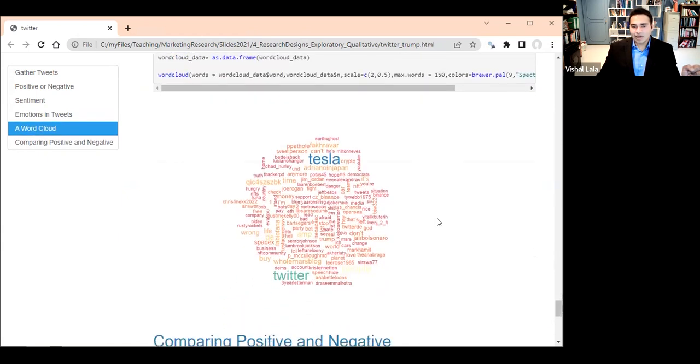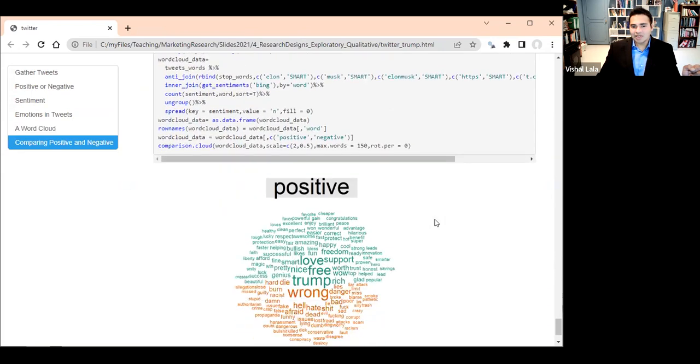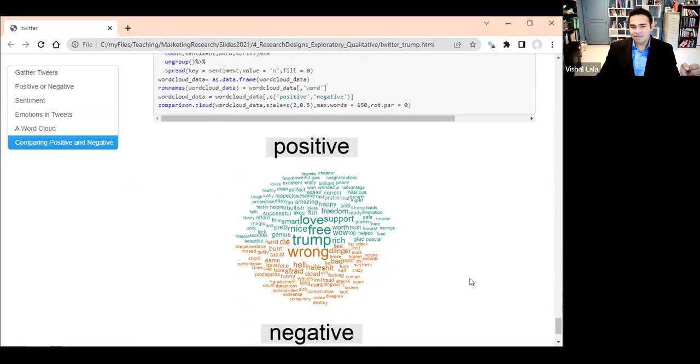And lastly, here's a word cloud giving you a sense of the words that are positive and negative. Oddly enough, you can find the word Trump in here, which is bizarre, but okay. That's an example of how you can quantify qualitative data.